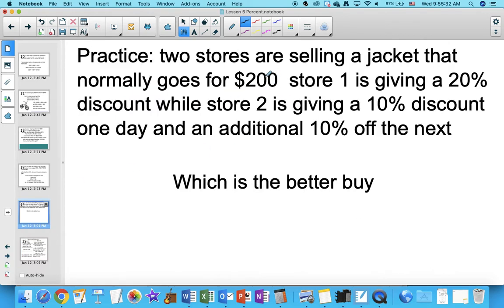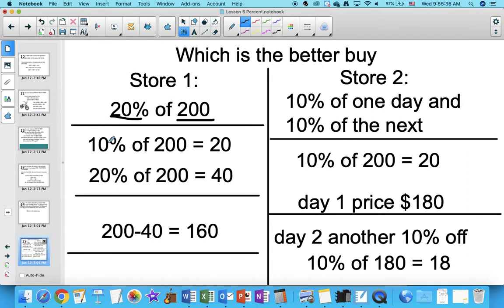Well, 10% of 200 is 20, so I can multiply this by 2 to make 40. So the price we take off is $40 because we're taking 20% off. So 200 minus 40 is 160.